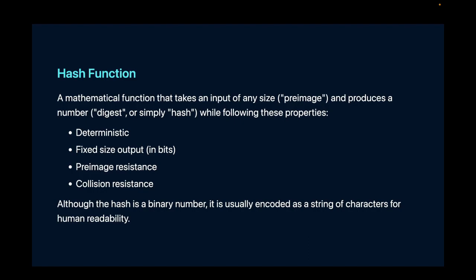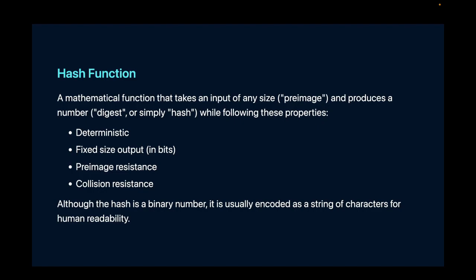We also have the property of pre-image resistance, which means that if you have a hash but you don't know the pre-image that generated it, there's no feasible way to guess the pre-image. The only option you have is a brute force attack that would take ages and ages to find the pre-image of this hash.